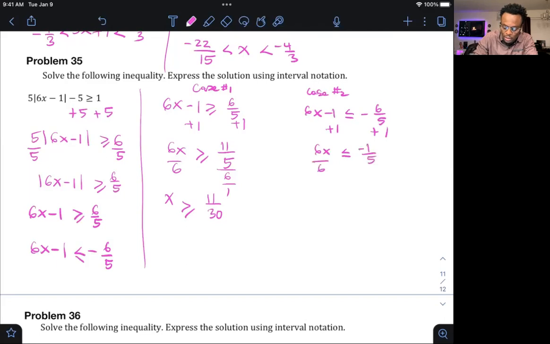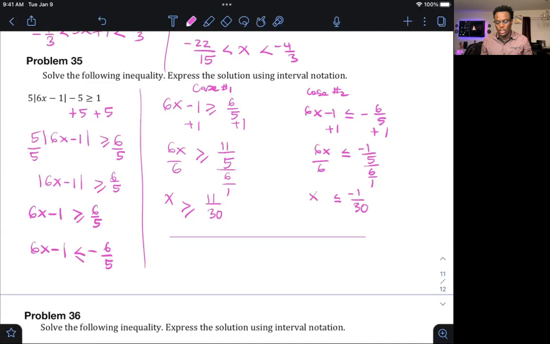Divide by 6. x is less than or equal to negative 1 over 30. Not equal, that's less than or equal.